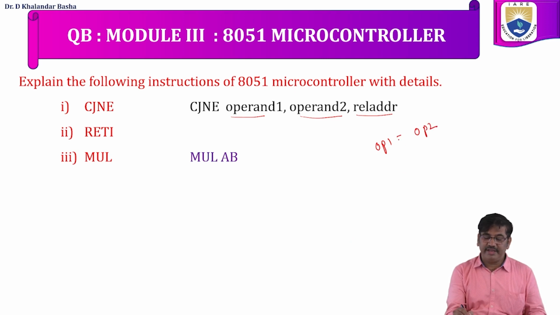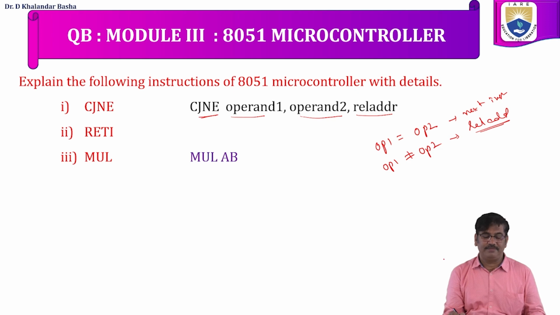If these two are equal, go for the next instruction to execute. If operand 1 is not equal to operand 2, then the instruction at the relative address will be executed.